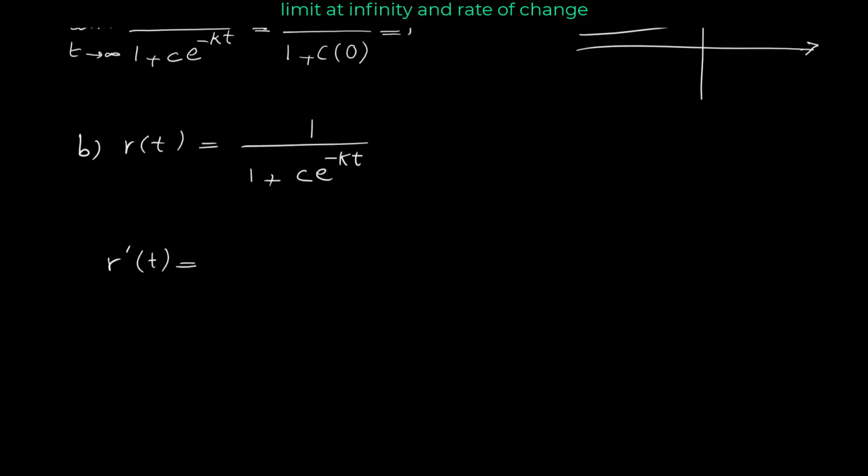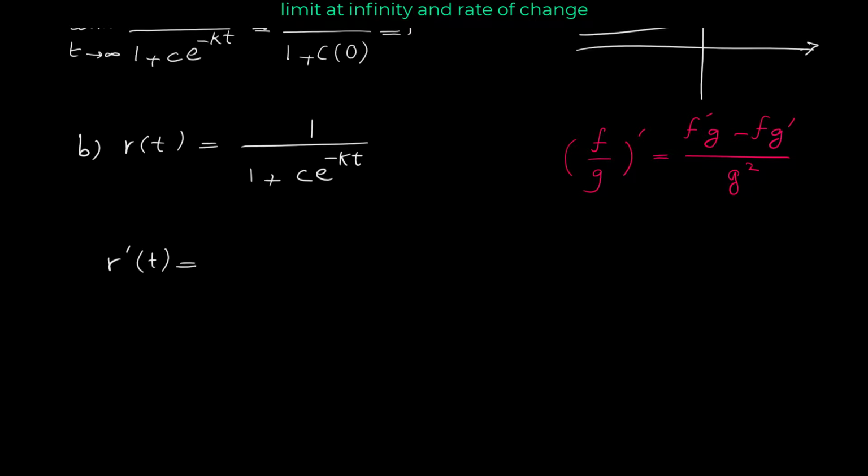Here we have a fraction, a quotient, so we use the quotient rule to find the derivative. Let me remind you the quotient rule. When we have f over g, the derivative is f prime, the derivative of the numerator, times g, minus the numerator function times the derivative of the denominator, all over the denominator squared.